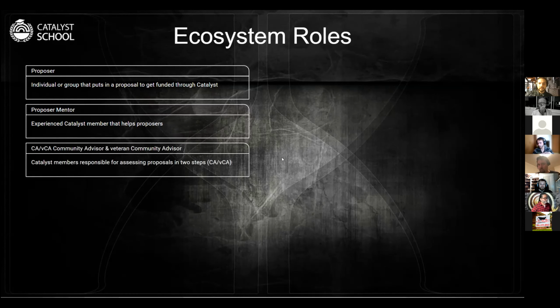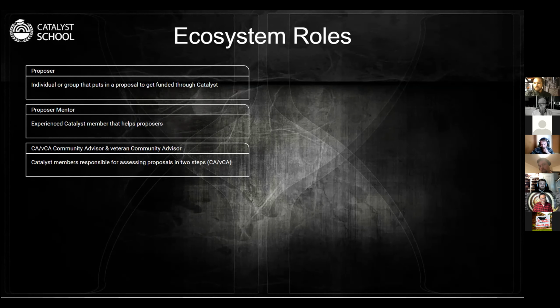Next one, actually there are two roles here. First one is the community advisor, which is called CA, and second one is the veteran community advisor, which is usually called VCA. And these community members are responsible for assessing the proposals, giving them scores based on some criteria, which are impact and challenge alignment, feasibility, and auditability.